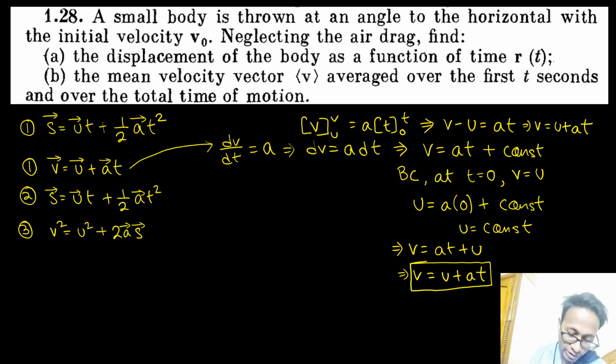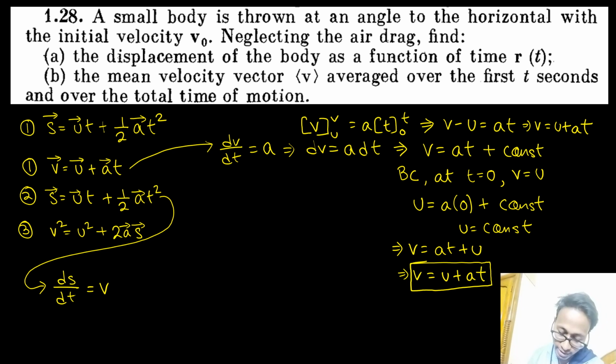How do we obtain s is equal to ut plus half at square? We know that ds by dt is equal to v, and what is the value of v? The value of v is u plus at, or initial velocity plus acceleration into time. So if we substitute u plus at in place of v, we get ds by dt is equal to u plus at.